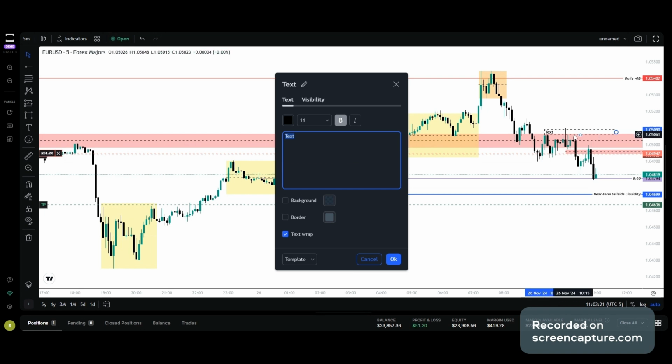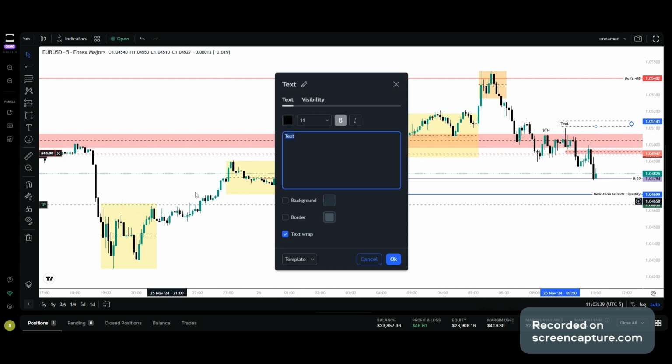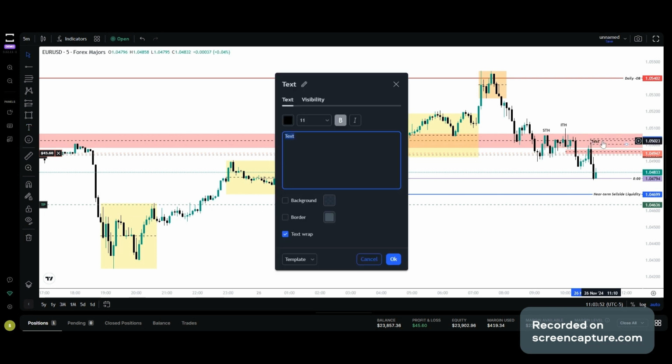Okay. So I will draw out these market structure points, short-term high right there. Intermediate term high. And then we have this short-term high right here.